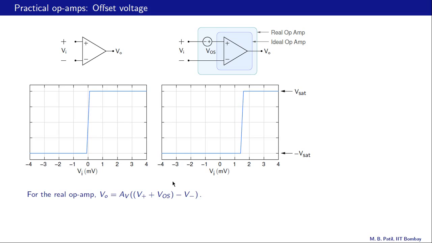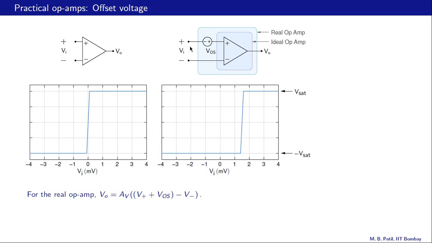We now want to figure out the relationship between this voltage here and VOS. So let us begin with an equation which describes VO in terms of V plus and V minus of the real op amp. What do we know about VO? We know that VO is AV times the difference between these voltages. So what is this voltage?